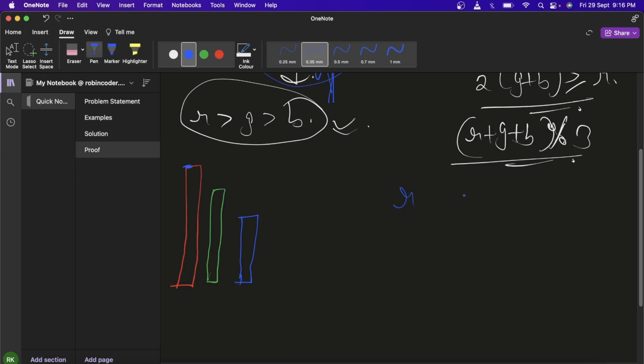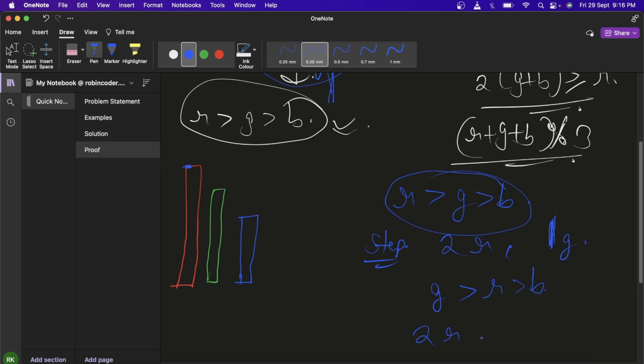So let's say we have R, we have G, we have B, and we have R greater than G greater than B. So our step 1 would be like we will take 2 balloons from R and 1 from G. At each step we will see whichever is the greater. Let's say after this step G became greater than R and greater than B. So in this case we will take 2 from G and 1 from R. So whichever is the highest number, we will take 2 of them, and from the second greatest we will take 1.